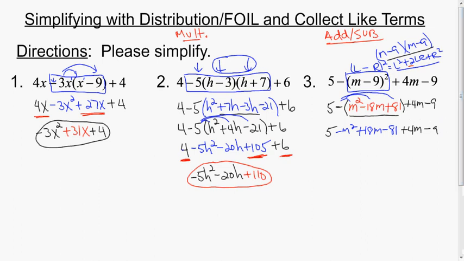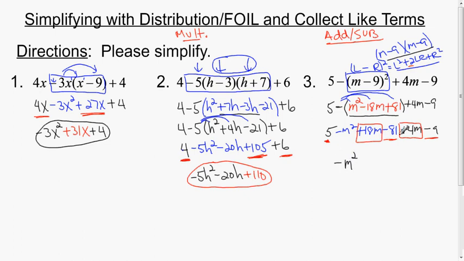Now I'm going to look for like terms. 5 is a constant. When I say constant, I mean something without a variable. So is negative 81. So is negative 9. I also see that I have 4m that matches an 18m. And this other term of negative m squared matches nothing. So I will just pull that down first.